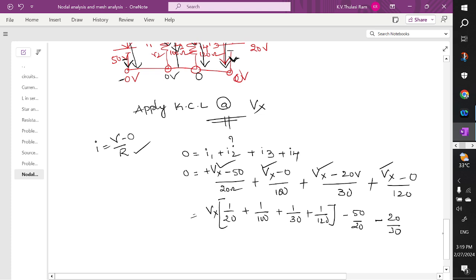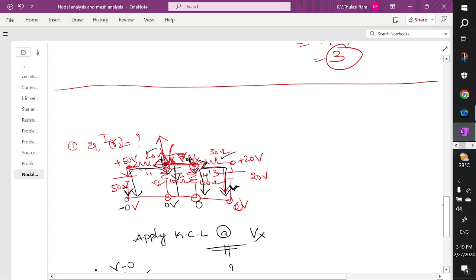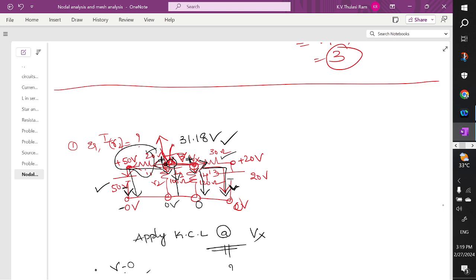If you solve it using your calculator, you are going to get the unknown voltage Vx as 31.18 volts. Okay, so as per the problem, here we have 50 volts, and here you have 31.18 volts. Around 20 volts is the drop created in this branch. So the answer may be 100% correct.